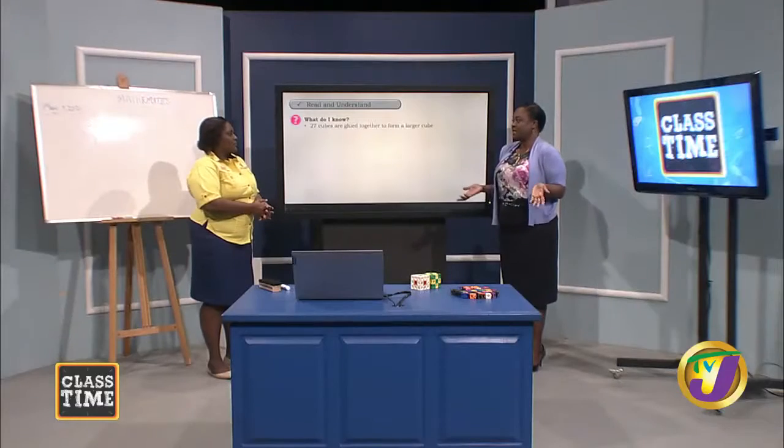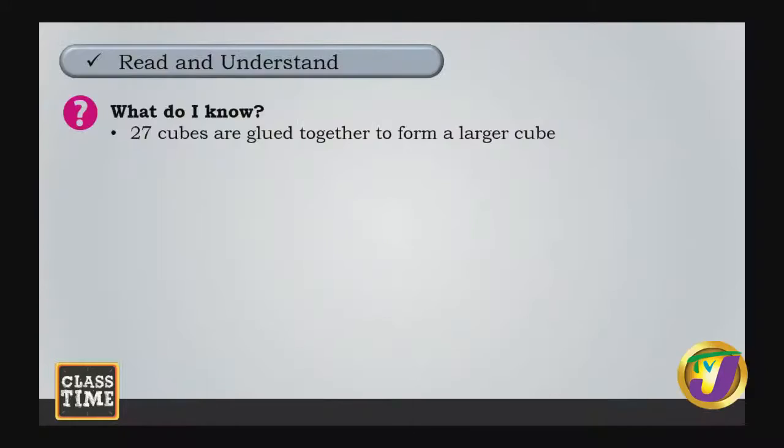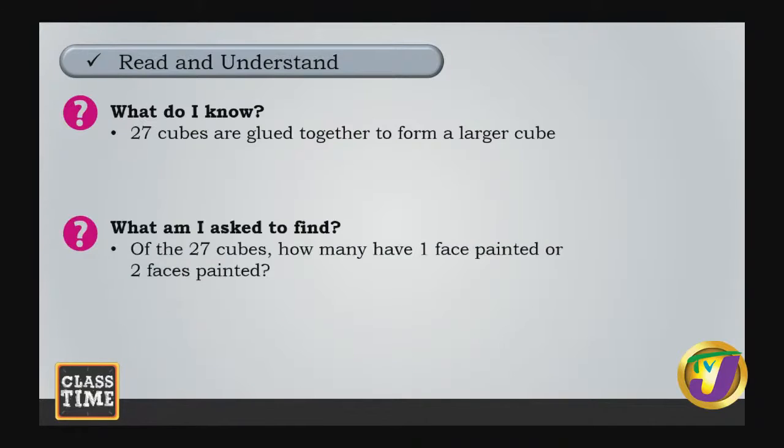As we go through, we would have read and understood. We know that there are 27 cubes that were glued together to make a larger cube. And of the 27 cubes, that's what we need to find: how many have one face painted on and how many have two faces painted on. That is what is required. Think about it.